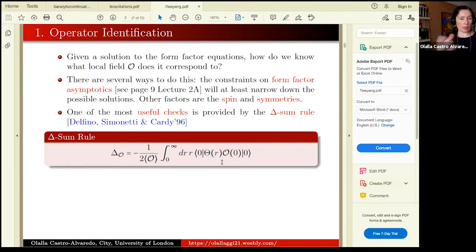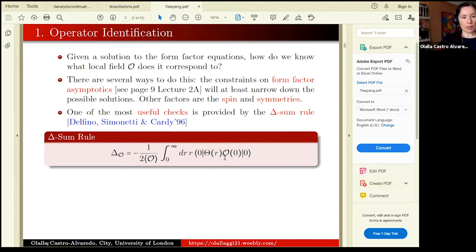Well, I could plug my form factors in that formula and compute that integral, and I'll get some number. If that number corresponds to the conformal dimension of some field that is present in the underlying CFT, then it's very likely that this field O is the massive counterpart of that field.